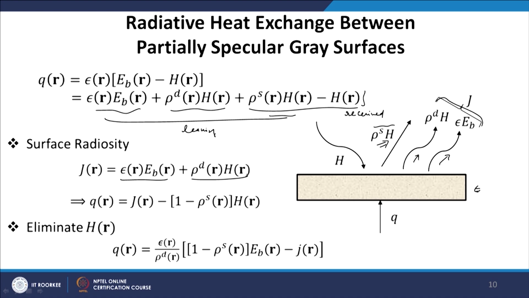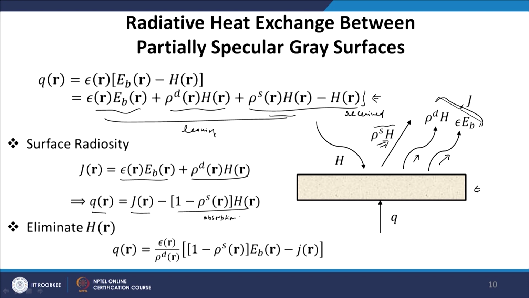So, in the definition of radiosity, we do not include specular reflection. Substituting this value of J into this equation, we get heat flux is equal to diffuse radiosity, that is energy leaving diffusely, minus the 1 minus specular reflectance times H. So, this is the absorption term.